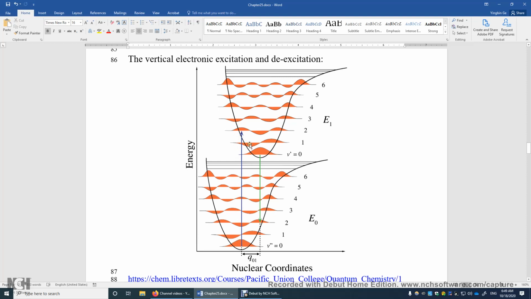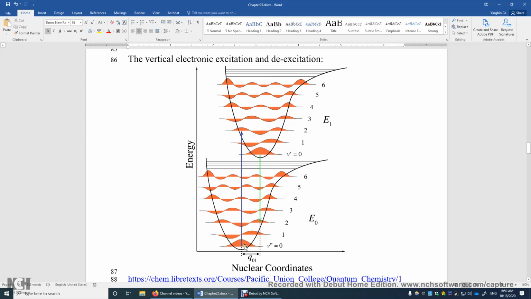And also, during the excitation, the vibrational energy level may change. So right here, this ν double prime is 0. That means this diatomic molecule is in the ground vibrational state. But then, during the vertical excitation, we should be looking for the maximum overlap between the initial and the final vibrational wave function.